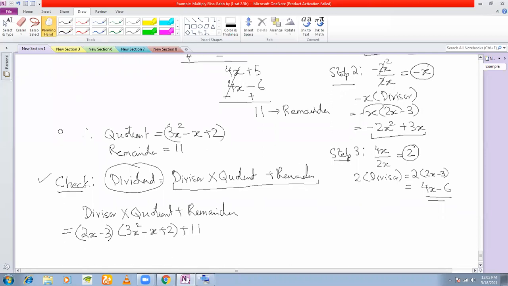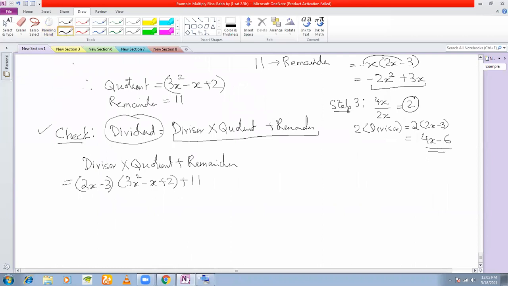Now you multiply as you multiply polynomials, and you check whether you are getting the dividend or not. Let's check. You multiply this, you get 2x into 3x square. Next plus 2x into minus x, so plus and minus will combine to give you a minus sign, 2x into x. Plus and plus will combine to give you a plus sign, 2x into 2.